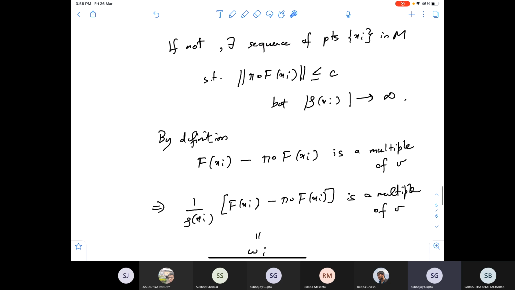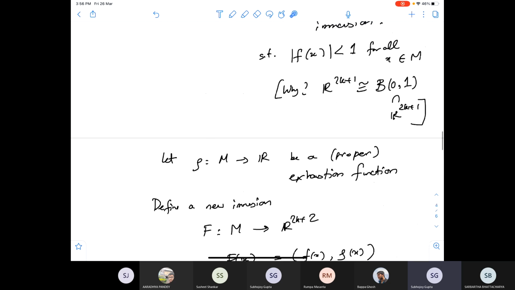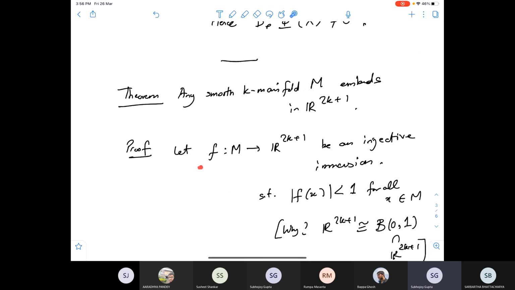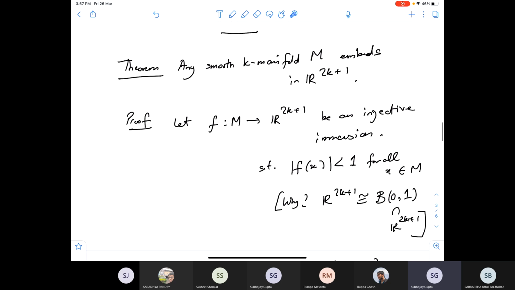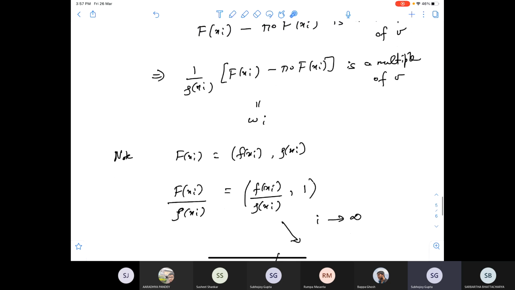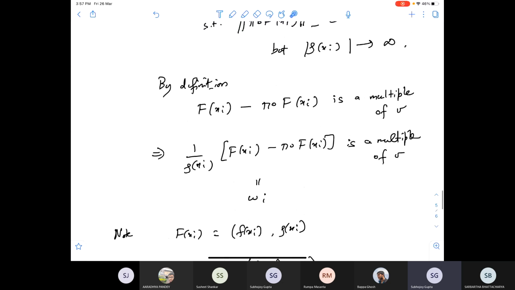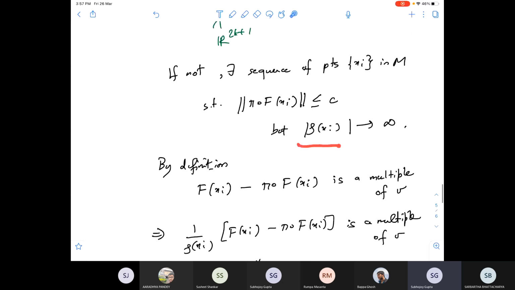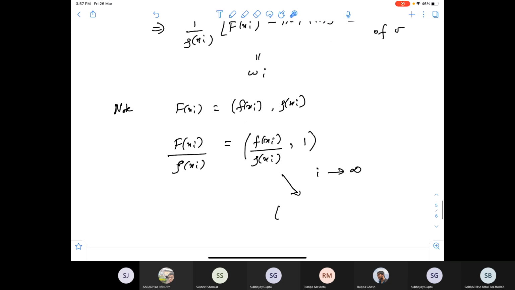If you go back to the first line of our argument, this f satisfied this boundedness property. It's all contained inside a ball. So if these denominators, the rho of xi's, go to infinity, these entries will all go to 0. So f of xi divided by rho of xi goes to the vector 0, 0, 0, and the last one is just 1.